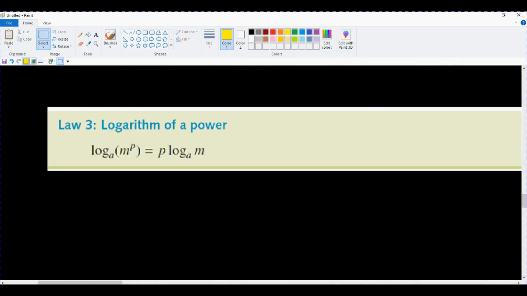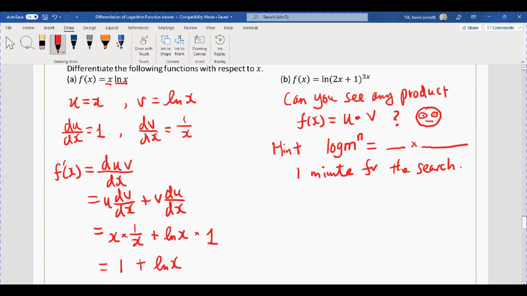So that's the logarithm of a power. If you have any logarithm of m to the power p, you can always bring that p to the front, if you still remember that. Right here I'm using n, but it's still the same. You can bring that n to the front. Okay, so that's search completed.